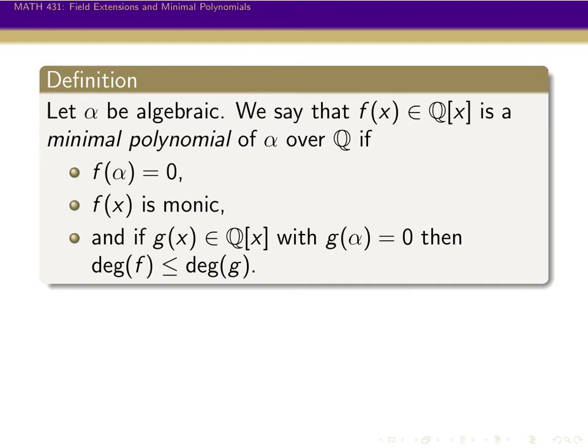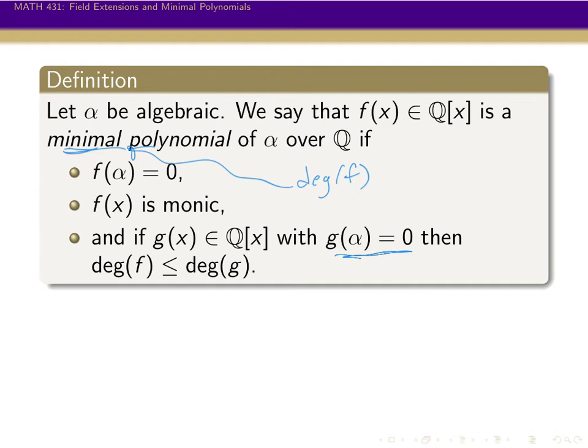And then also, what's going to make it minimal, the minimality is going to come from if you take any other polynomial that has alpha as a root, then the degree of f has to be less than or equal to the degree of this other polynomial g. Okay, so the minimality here is talking about the degree of f.